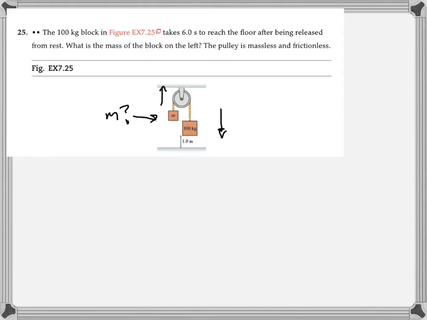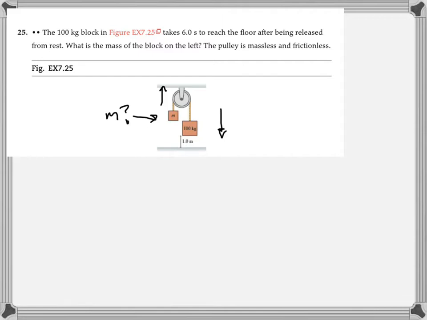Then we can set up Newton's second law in the vertical direction for the tension minus the weight and make it equal to the mass times the acceleration, and we should be able to solve from that equation.